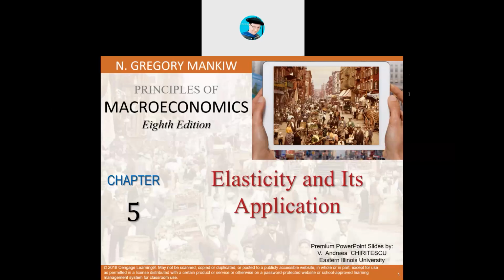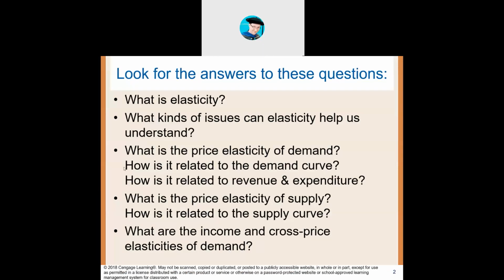There are a lot of applications of elasticity, and we'll talk a lot about those. We'll discuss what elasticity is, what kind of issues help us to understand it, and what price elasticity related to the demand curve is, which we discussed in the previous chapter, and how it relates to revenue and expenses for a company, or to an economy or a government.